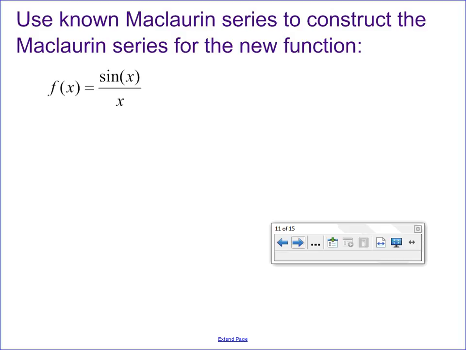So this looks like it's based on some Maclaurin series we already know. We already know the Maclaurin series for sine of x, don't we? And so what if we just started out with our sine of x representation?